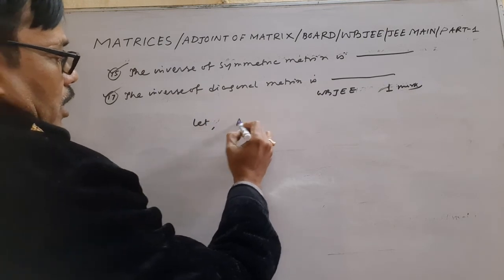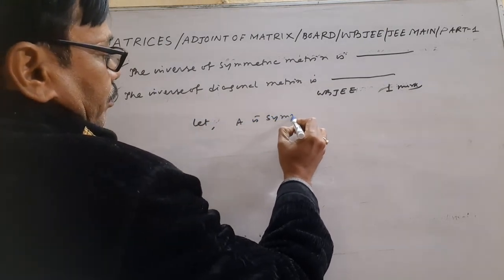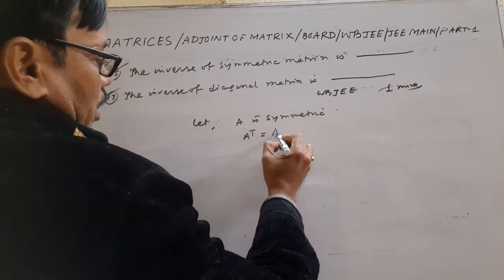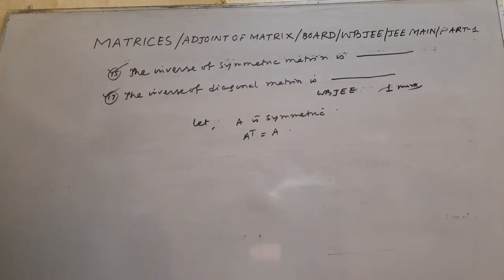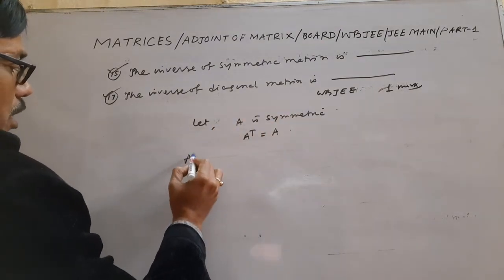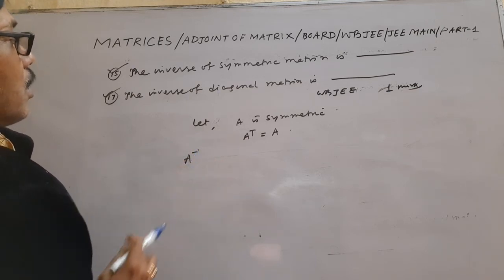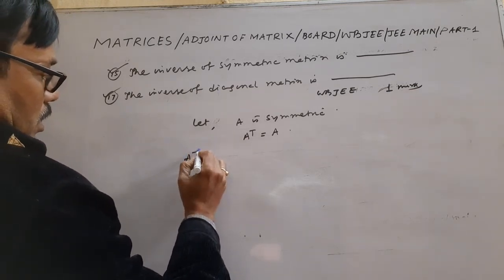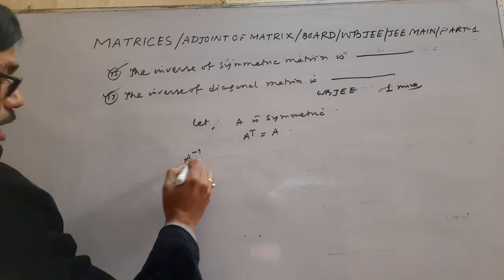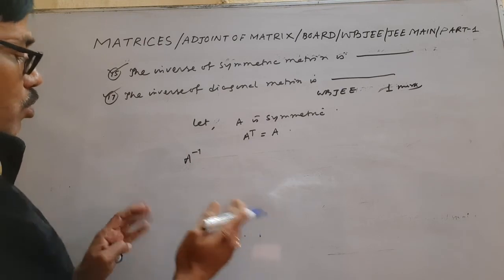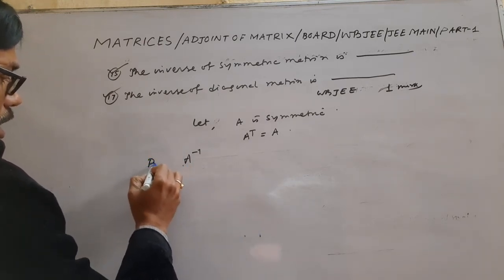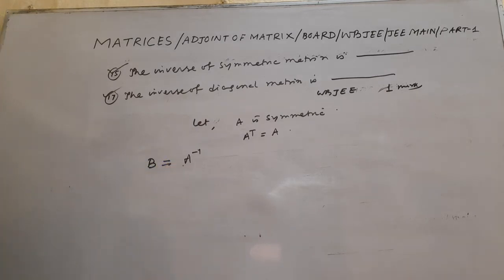Let A be symmetric. Therefore, A transpose equals to A. Now what is A inverse, the inverse of symmetric matrix? Is it symmetric or skew symmetric? We consider A inverse. Suppose B equals to A inverse.